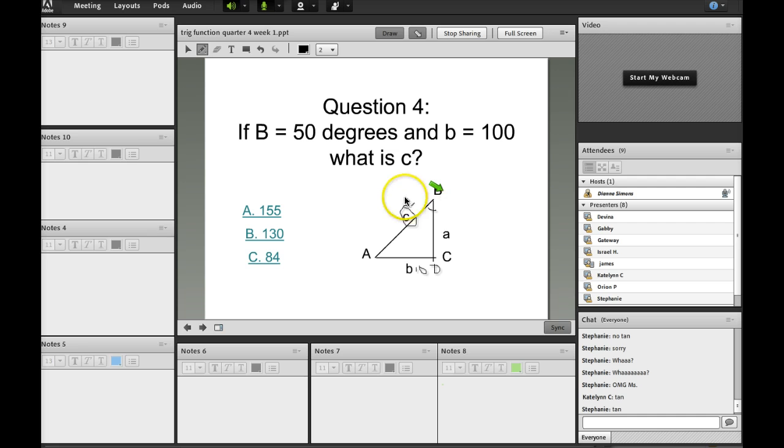We want to know this side right here. No, remember, opposite over hypotenuse is what? Because this is the opposite.